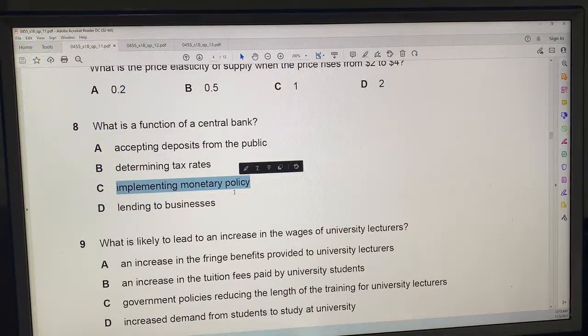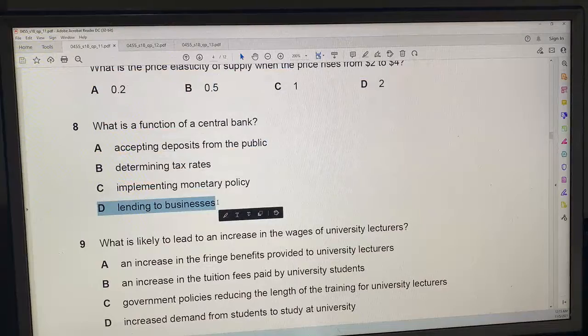And the government decides monetary policy, but the central bank has the tools to effect monetary policy. So yes, the central bank implements monetary policy. I think the answer is C. And D is wrong for similar reasons to the reason that A is wrong.